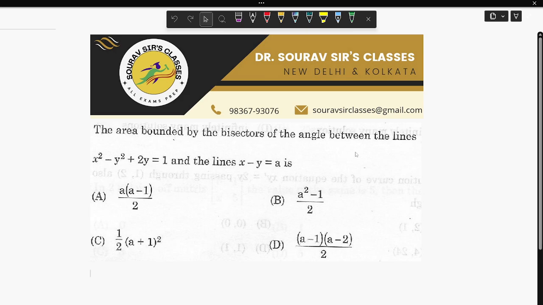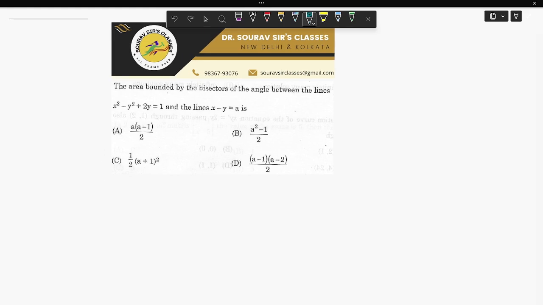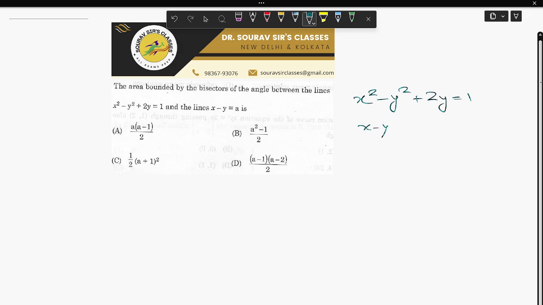Okay, so what can be done here? We are given the equation x square minus y square plus 2y equals 1, which represents a pair of straight lines, and the family of parallel lines x minus y equals a.